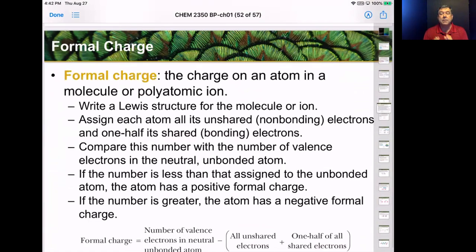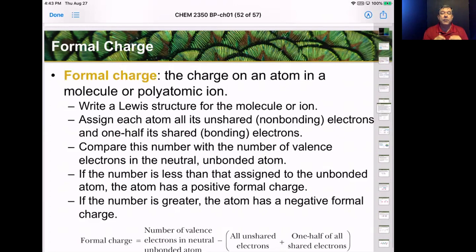But sometimes, like in the case of the carbonate ion, we actually have 4 atoms making up something that has 2 negative charges. The way we figure this out is by assigning formal charge to each and every atom in a system. And that starts with drawing a correct Lewis dot structure.